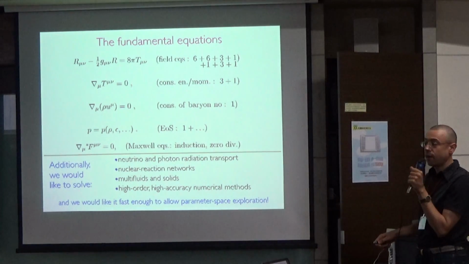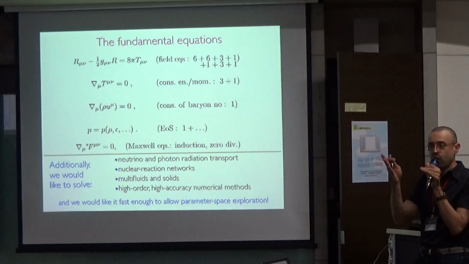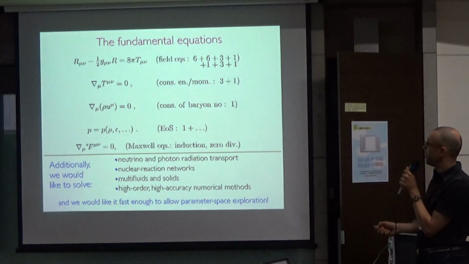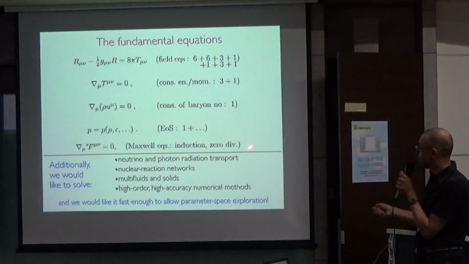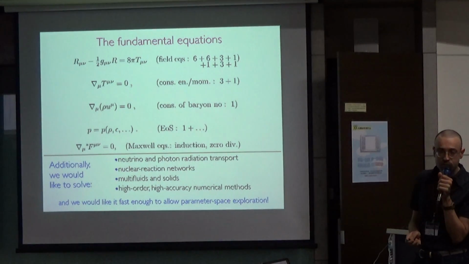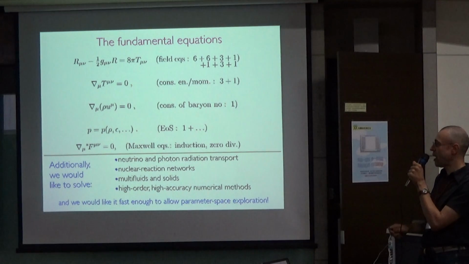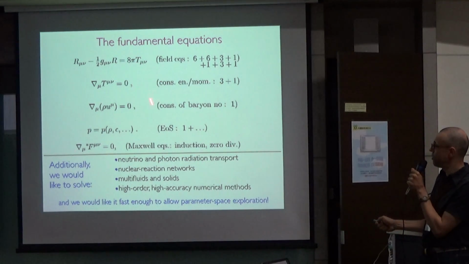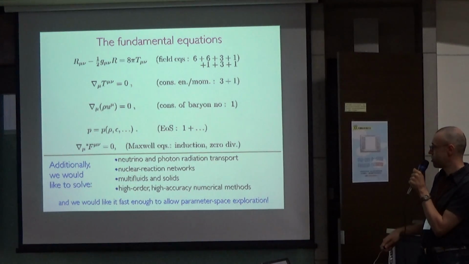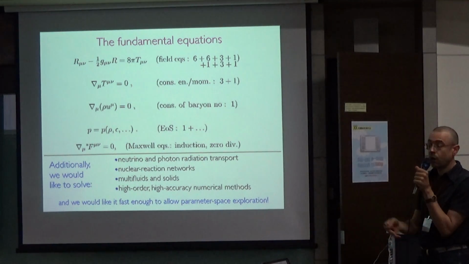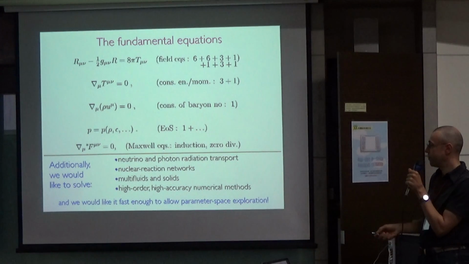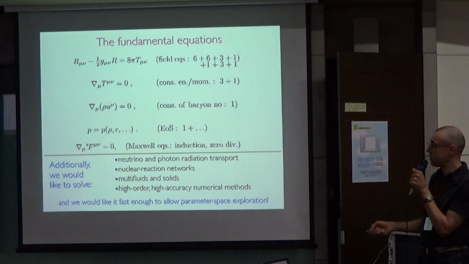As a summary of these lectures, I show again the fundamental equations that I hope you learn how to solve: Einstein equation, matter equations, equation of state, and also Maxwell equations. And actually that's not all. There's more in nature, and we're starting to do that.